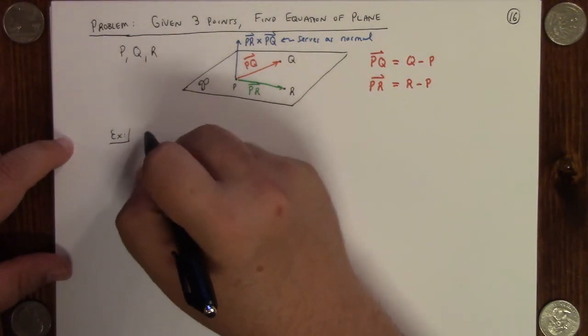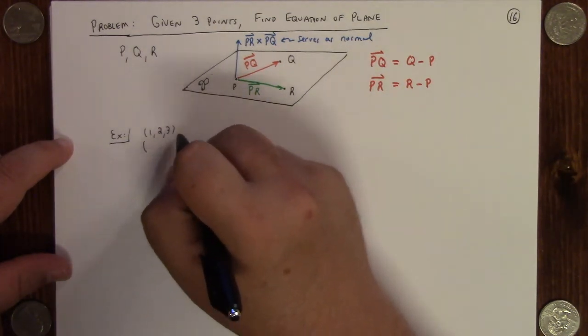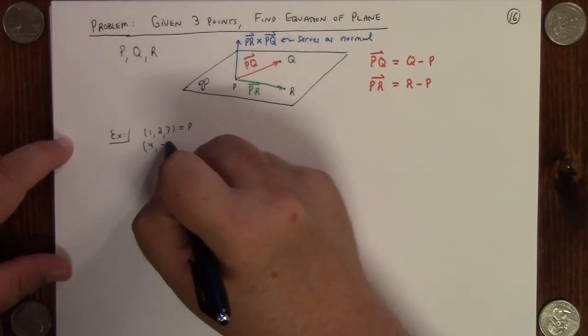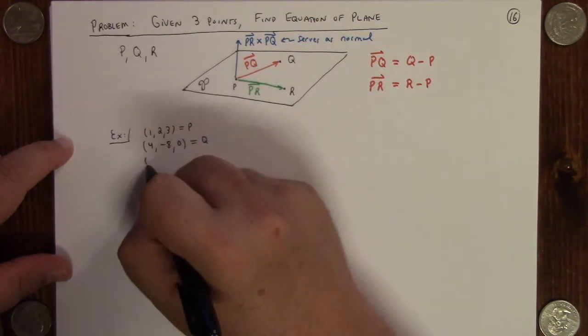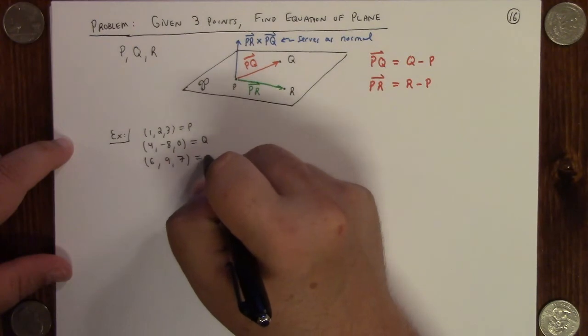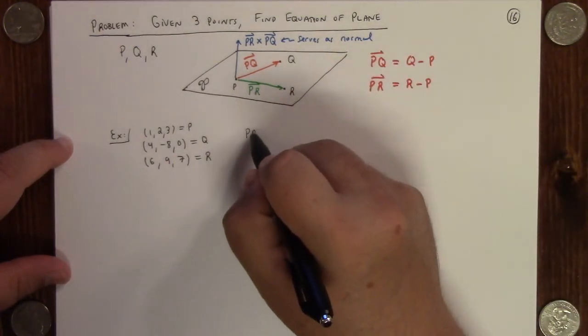Let me put it into practice here for an explicit example. Let's look at the point 1, 2, 3, and that's my P. And how about 4, minus 8, 0 for Q, and 6, 9, 7 for R. So let's see here. What's my PQ vector?